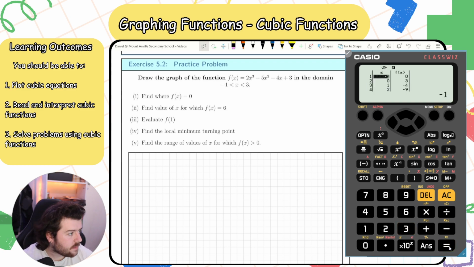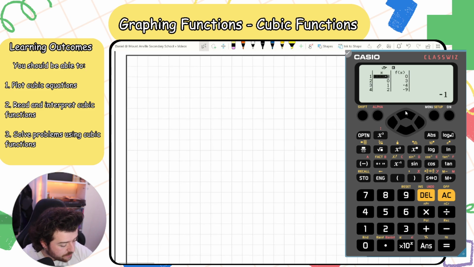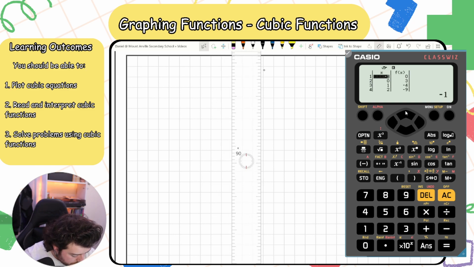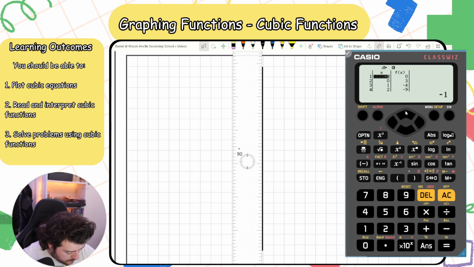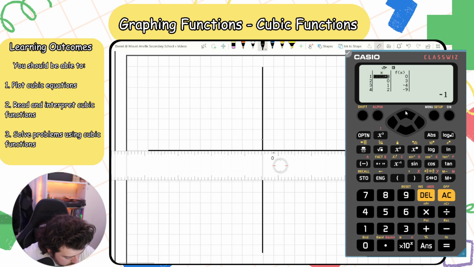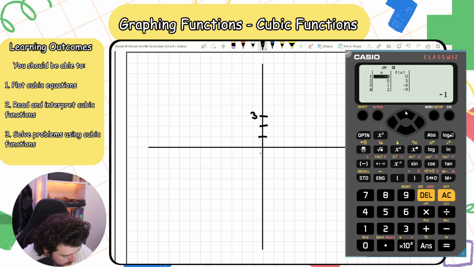So let's have a little general scope of what my y values look like. So my maximum y value would be 3, and my minimum y value would be minus 9. So I'll work with that for my range here. So 1, 2, 3. Minus 1, minus 2, minus 3. Minus 4, minus 5, minus 6. Minus 7, minus 8, minus 9.